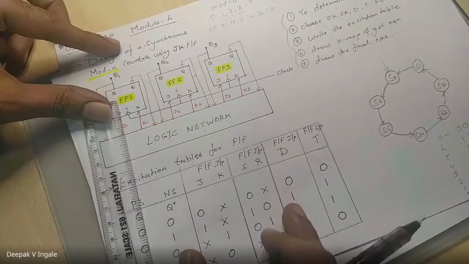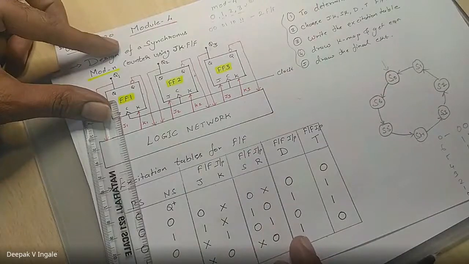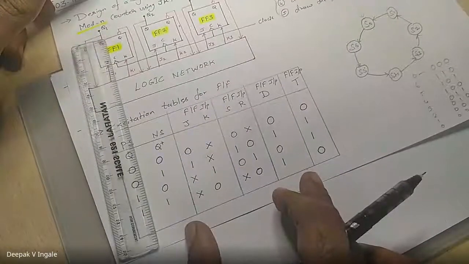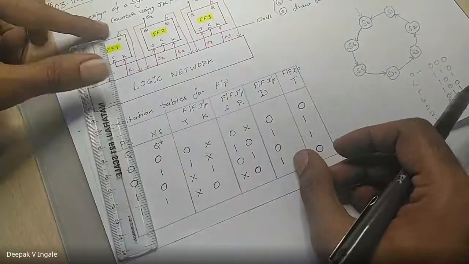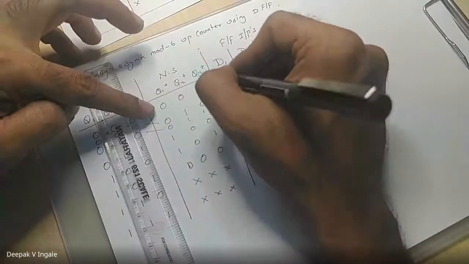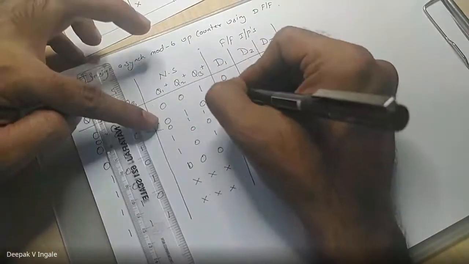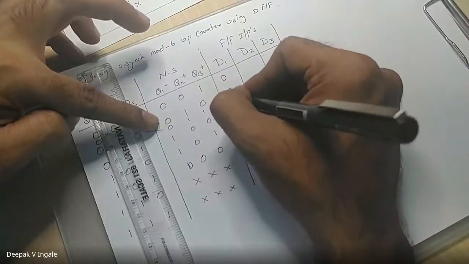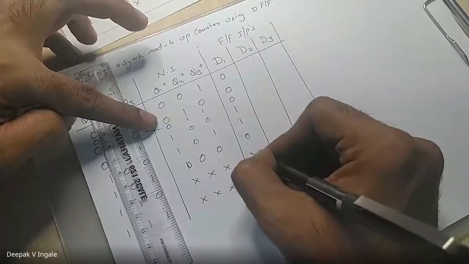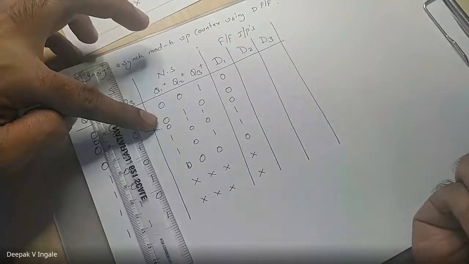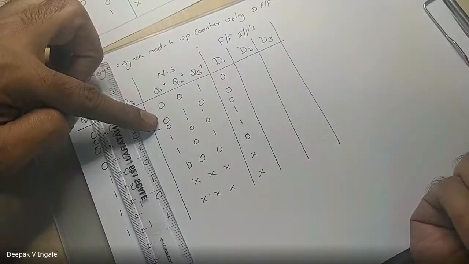If you want 1, you have to feed 1. 0 is 0, 1 is 1. Excitation table for D flip-flop here. Right? So blindly you can write 0, 0, 0, 1, 1, 0, x, x.